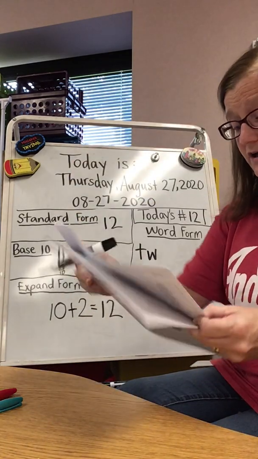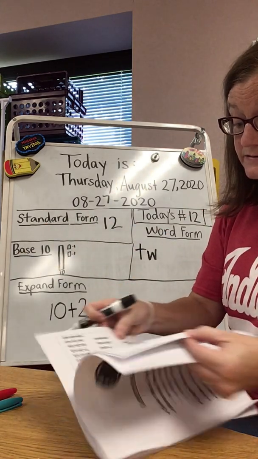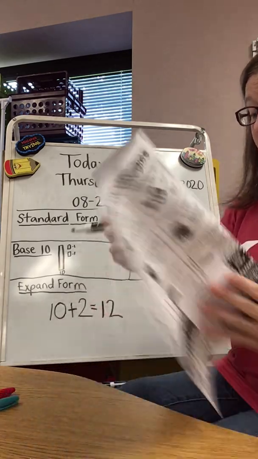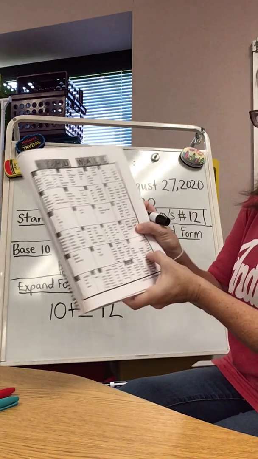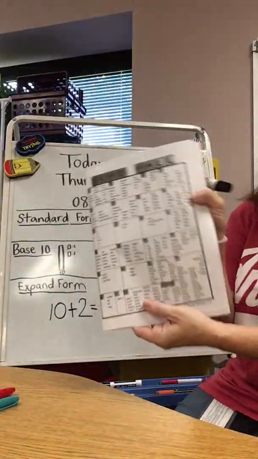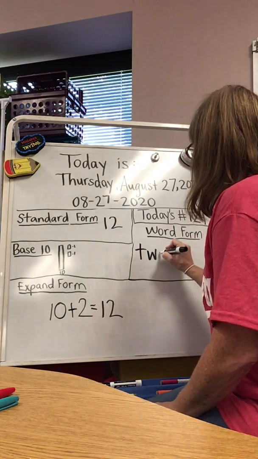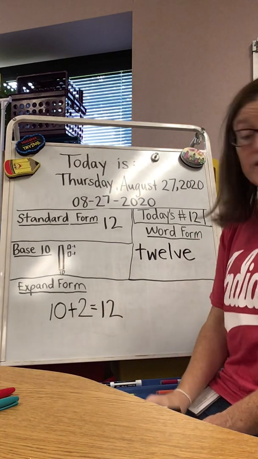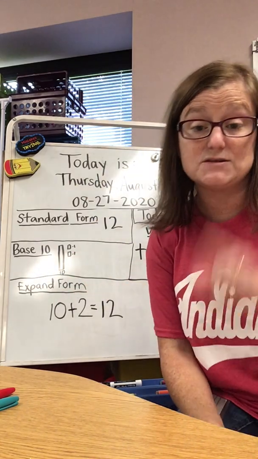Because if you look on the back, you will see inside that we have our number words on here. So I bet I can find 12. 12 right there on our word wall that is in your reference sheets at home. T-W-E-L-V-E, 12. And this is many different ways to represent one number.